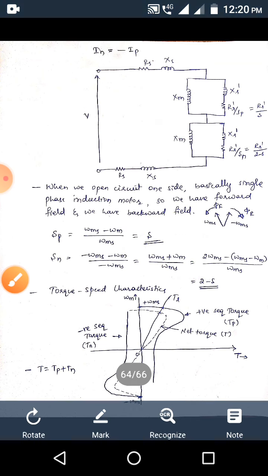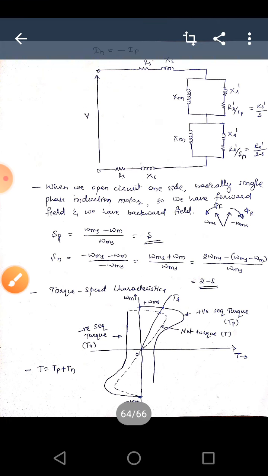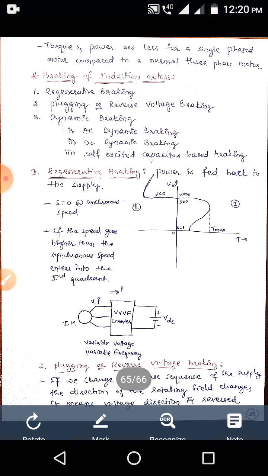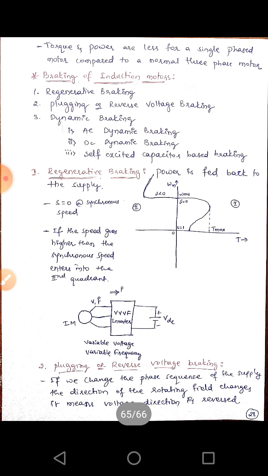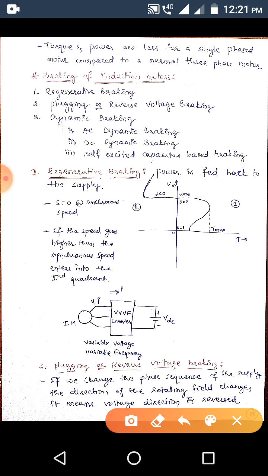We'll see the next topic, braking operation of induction motors. There are different kinds of braking in induction motors. The first one is regenerative braking, in which power is fed back to the power supply. The second one is plugging or reverse voltage braking.